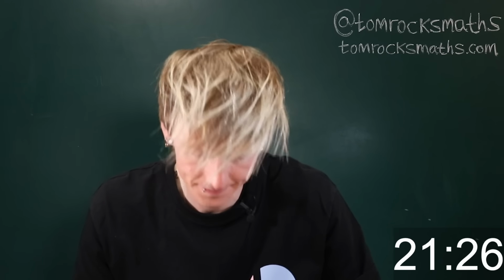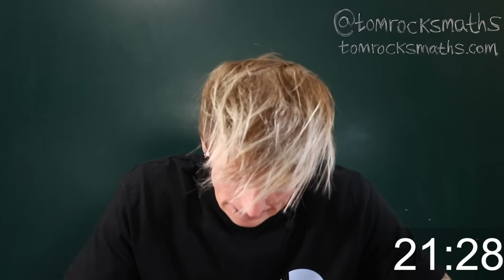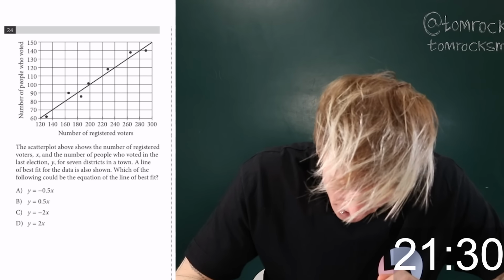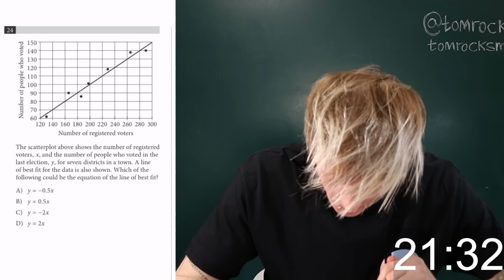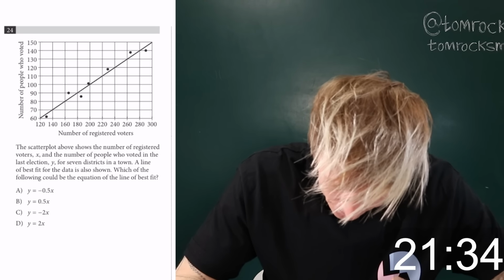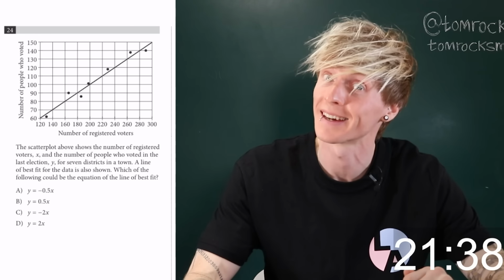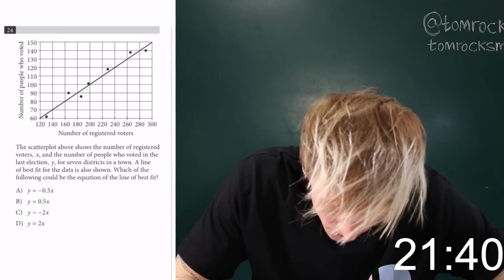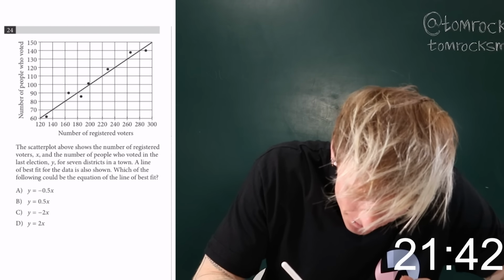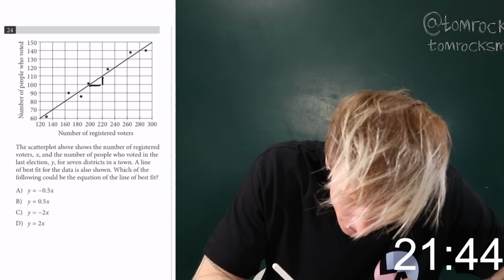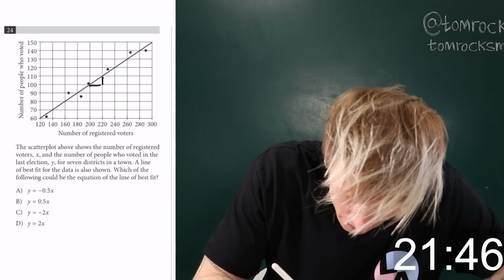All right, question 24. The scatter plot above shows the number of registered voters and the number of people who voted in the last election for 7 districts, with a line of best fit. Which is the equation of the line of best fit? Interesting. So it's going 20 across and 10 up.